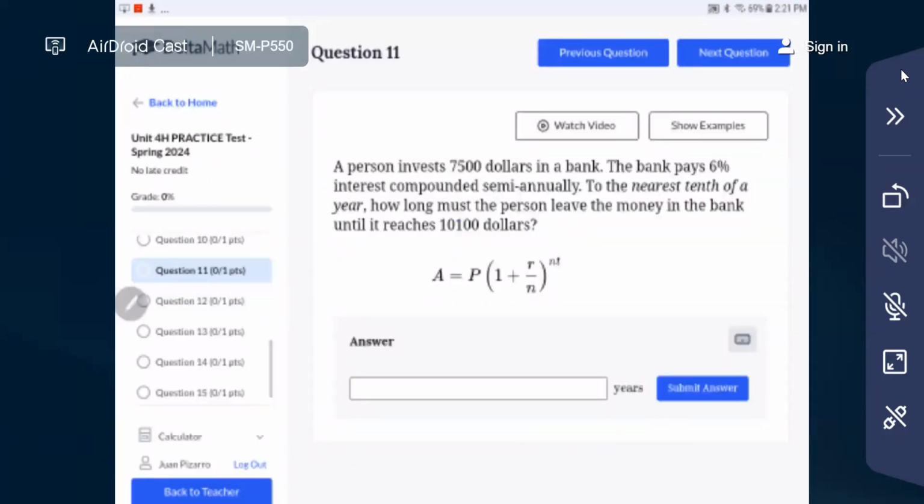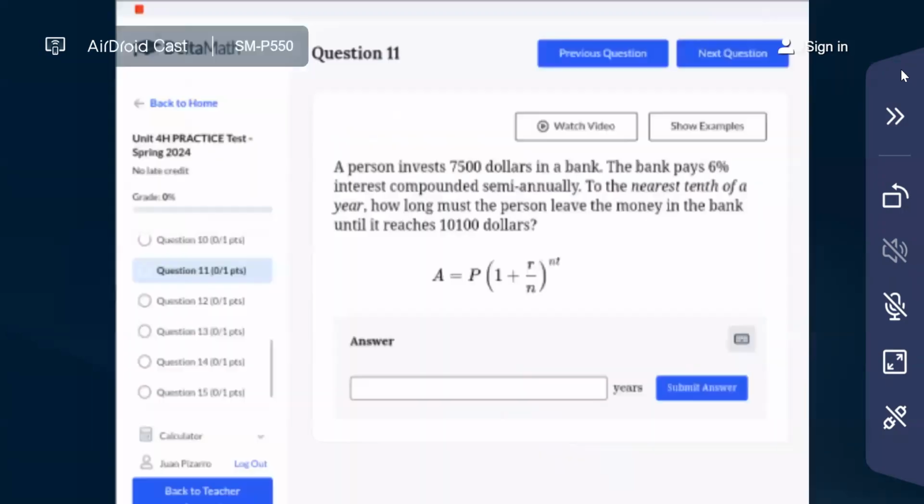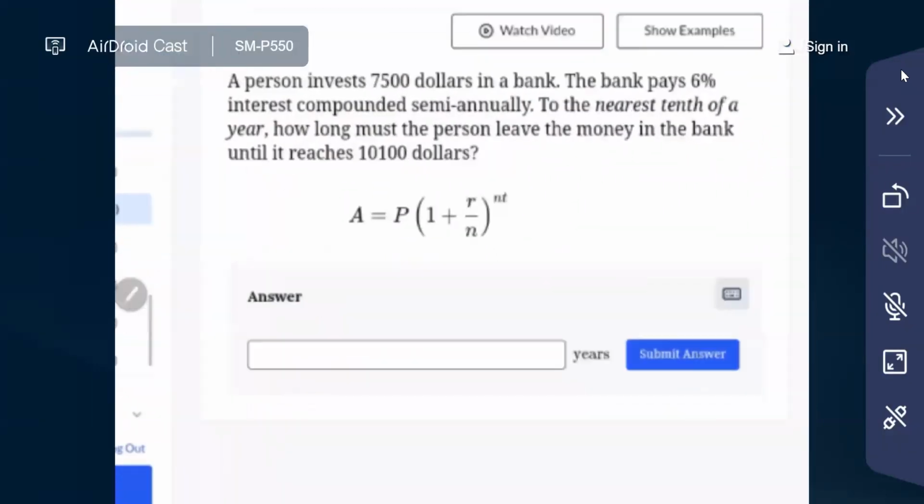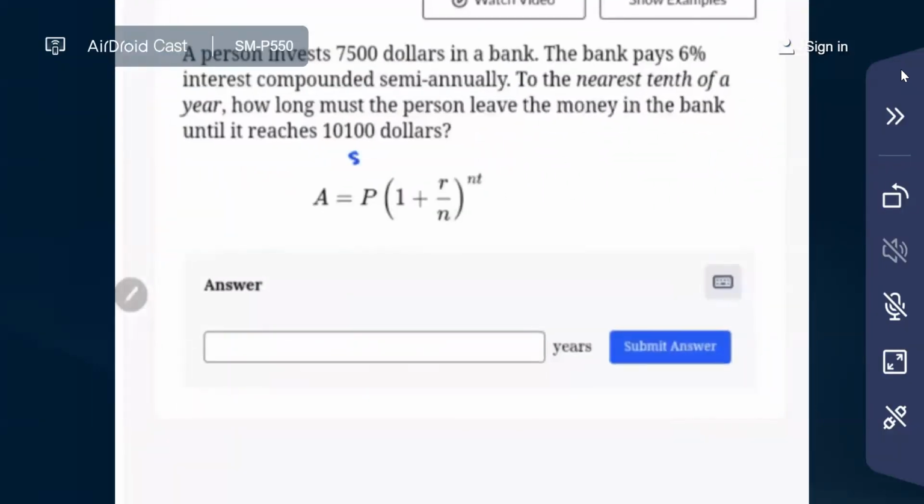All right, so we need to fill in the blanks on our formula: the amount is equal to the principal. The principal is the starting value. Let me make this a little bigger, we need more space. There we go. So we have the starting value, and that is $7,500.